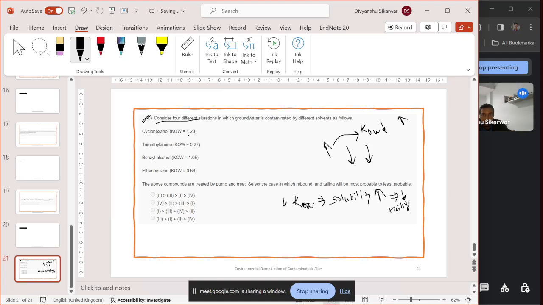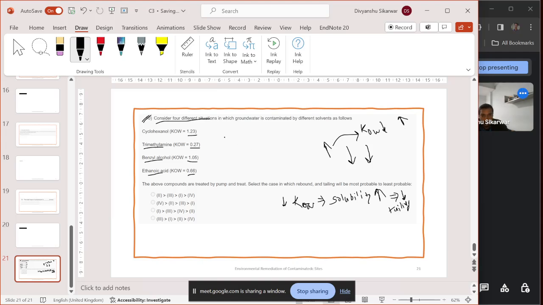Cyclohexanol KOW value is 1.23, but trimethylamine KOW value is 0.27. Benzyl alcohol KOW value is 1.05, and ethanoic acid KOW value is 0.6. So lower the KOW value, higher the solubility.